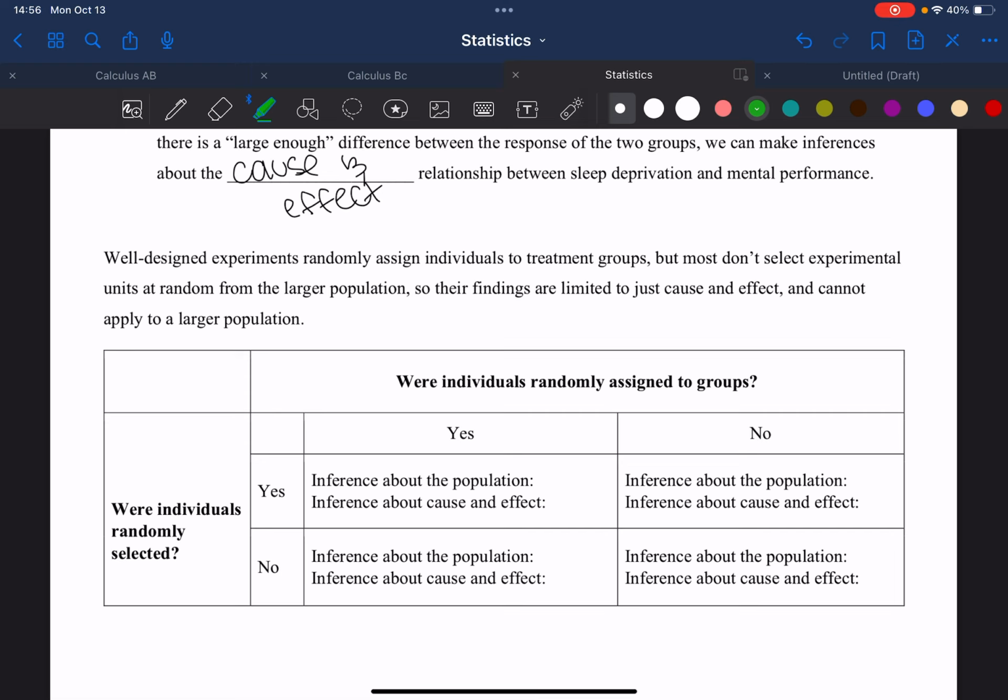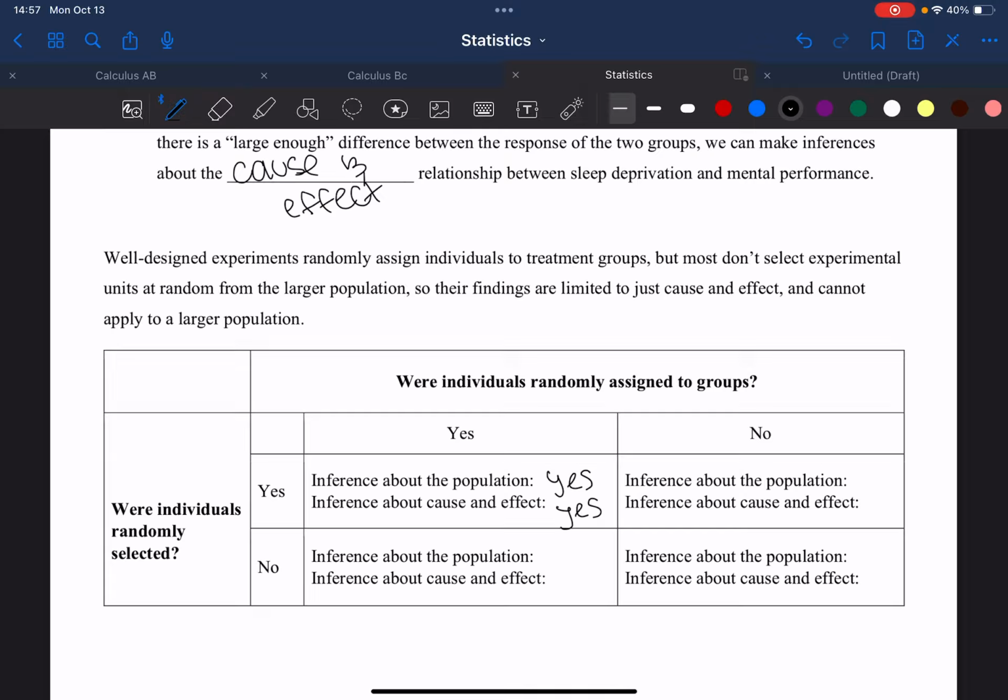So we have 2 categories here. We have were individuals randomly assigned to groups and were individuals randomly selected. If both of them are yes, then that means the inference about population and cause and effect is also yes.